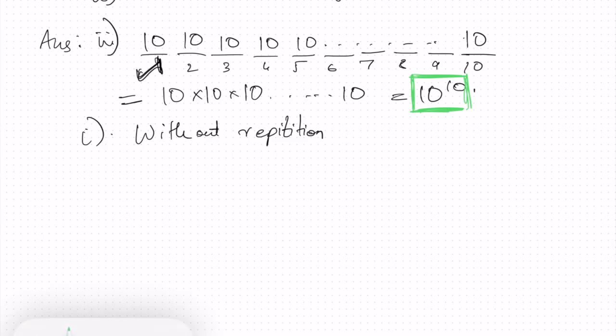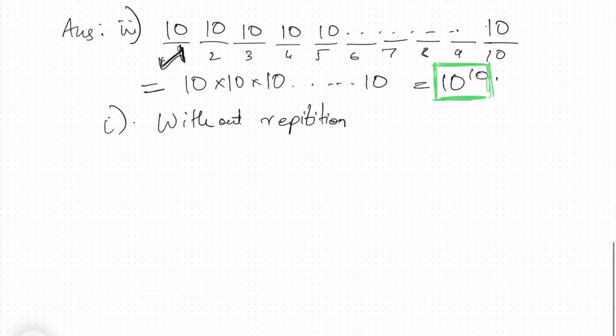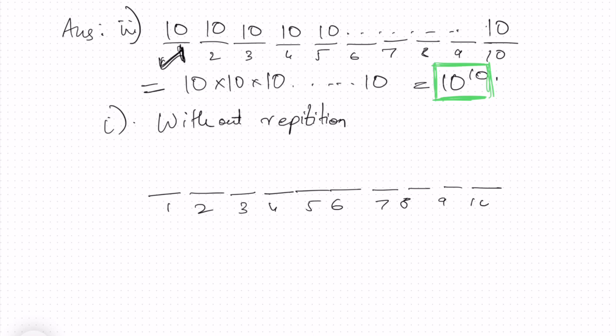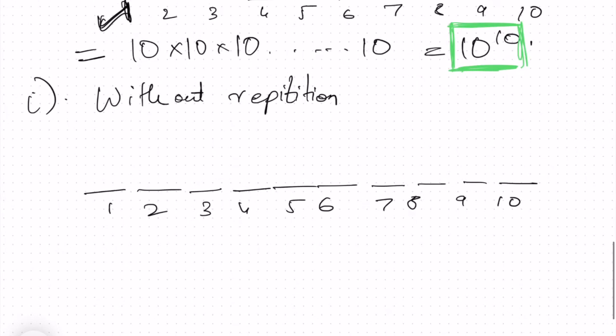So if you do not allow repetition, again same as before, 10 spots. Now the first place I can fill in 10 ways because there's 10 digits, but this digit I've used cannot be used again because there's no repetition of the same digit.